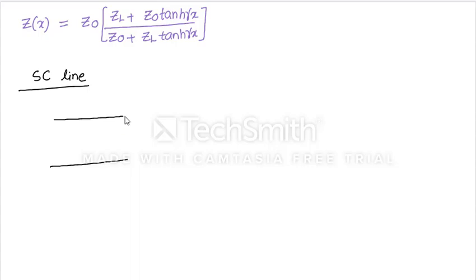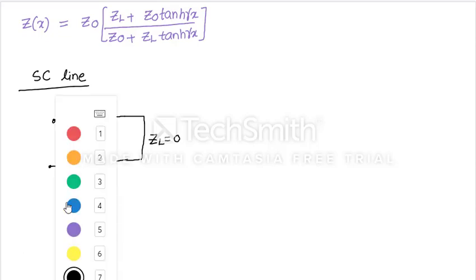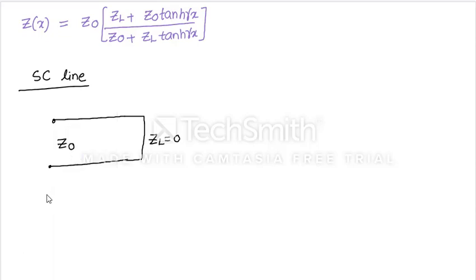This is my transmission line and this load is shorted. That means load impedance is 0 and the characteristic impedance is Z0. I want to get the input impedance at this location. So the impedance of the short circuit transmission line, I'm calling this ZSC.